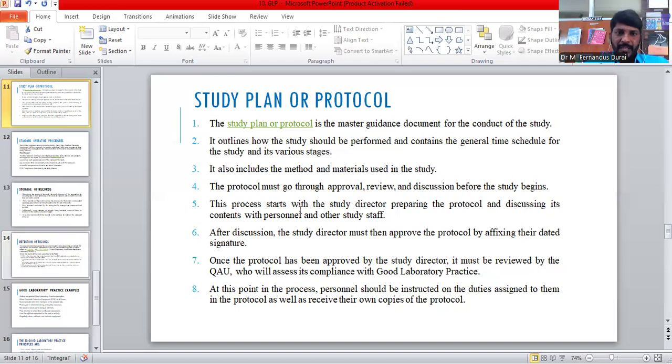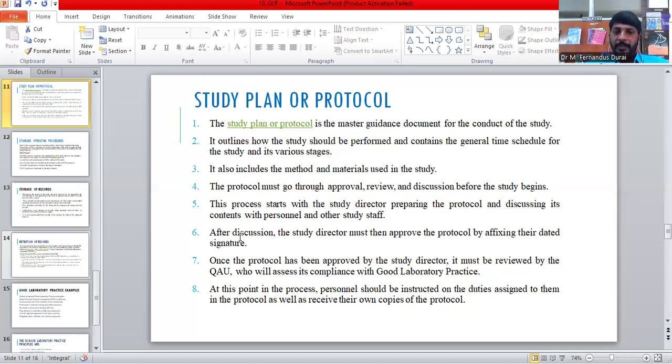And this process starts with the study introduction, preparing the protocol and discussing its content with the personnel or other study staff. After discussion, the study director must then approve the protocol by affixing their date and signature. So once discussed, the material should be countersigned by the director with a date, on which the protocol or method or procedure is discussed and finalized for the test to be performed.